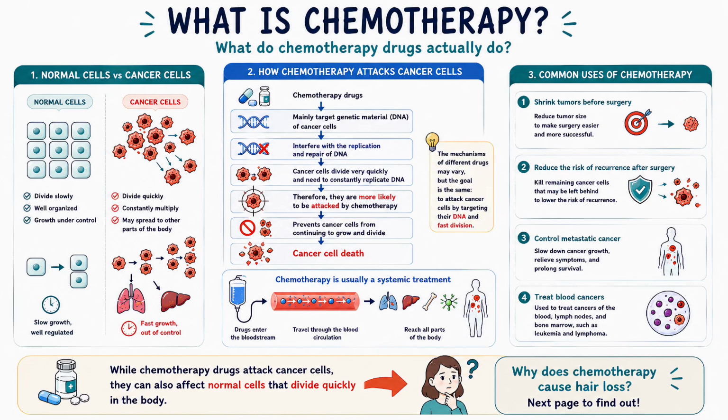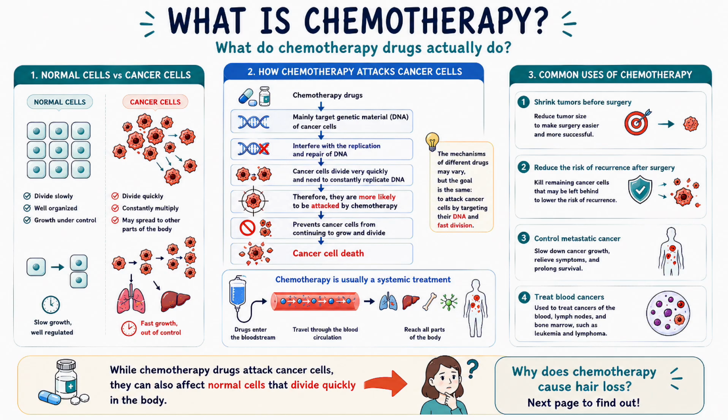Some damage DNA directly, others prevent DNA from being copied, and some stop damaged DNA from being repaired. Although different chemotherapy drugs work in different ways, their overall goal is usually the same: to prevent rapidly dividing cells from continuing to grow and multiply. As a result, cancer cells can no longer keep dividing and eventually die.